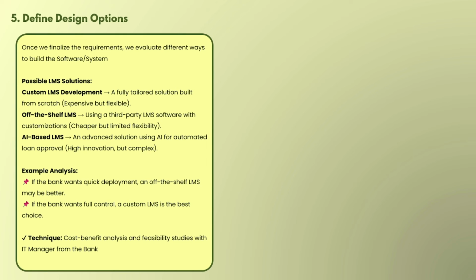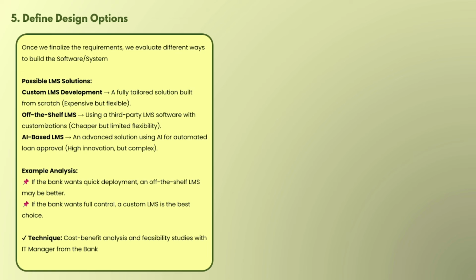Then next is the off-the-shelf loan management system. Here we use ready-made loan management software from a third party and just tweak it a bit. It is more affordable and faster to set up, but we are limited to what the software can and can't do. So these are some limitations of off-the-shelf software.